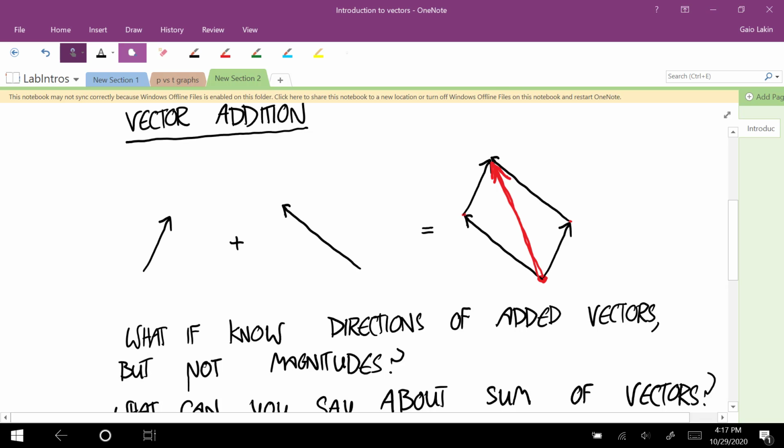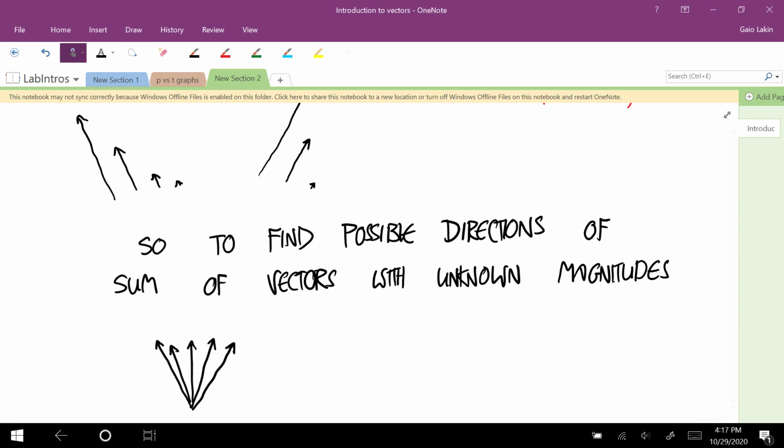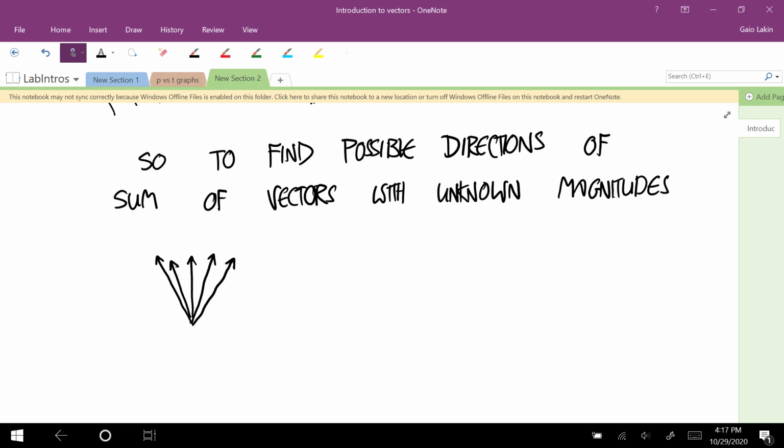Because the second leg of the journey starts where the first leg ended, okay? So it's head to tail. But in this case, where you're trying to represent all the possible directions from adding these two vectors, you have to put the tails together because it's a different thing. We're talking about all the directions in between these two vectors. Okay, so be sure you don't get confused about those.